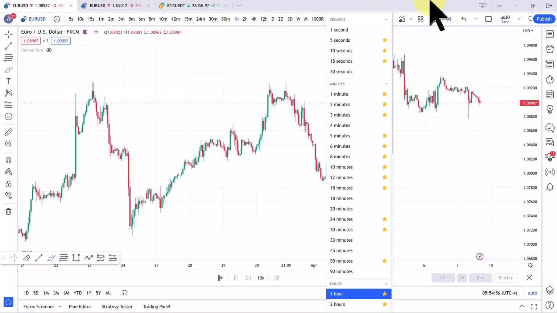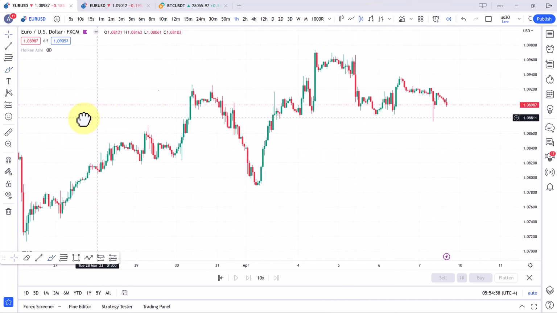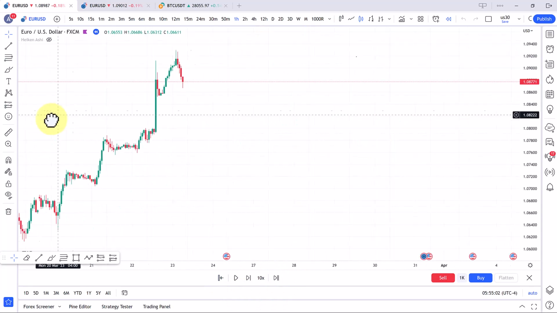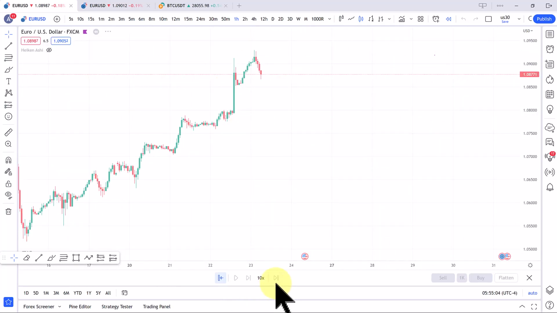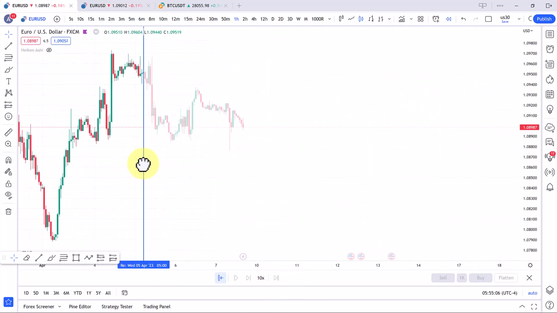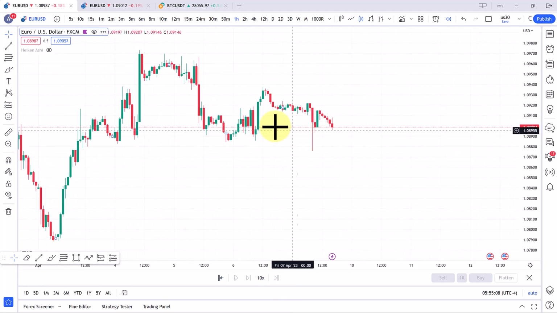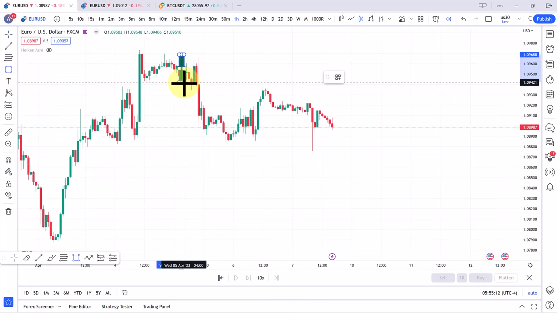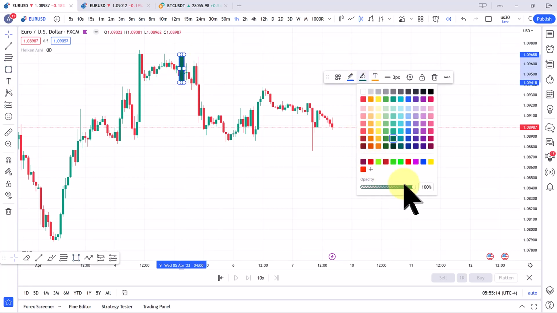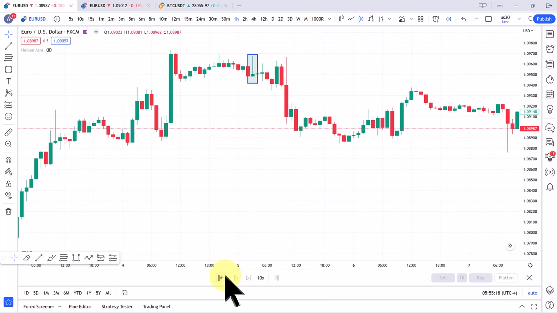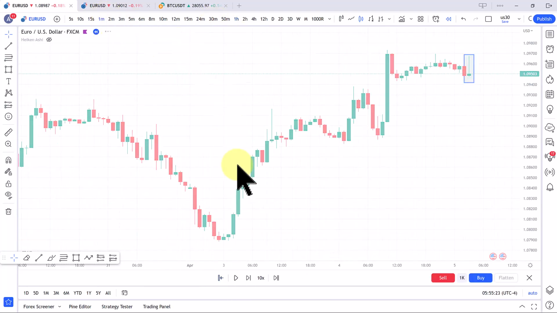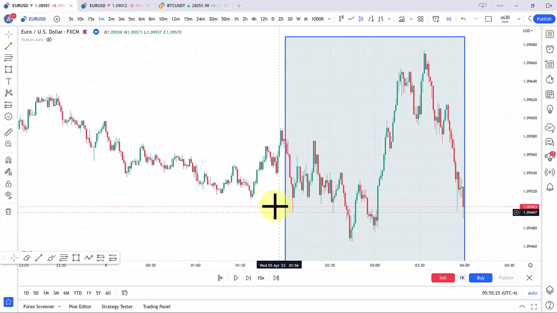Why? Because there may be a good candlestick pattern here that you are seeing. Let me go further. For example, this simple candlestick may be a good pattern for you in this time frame, but when I go to this one, what do you see here?